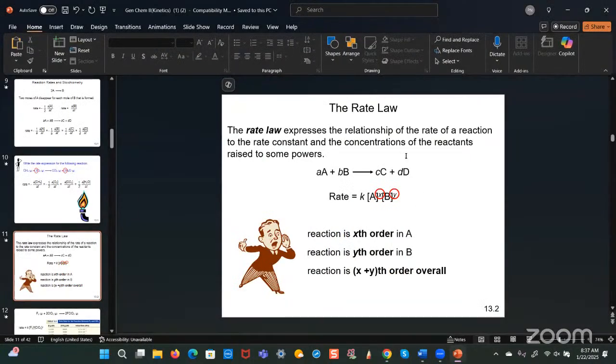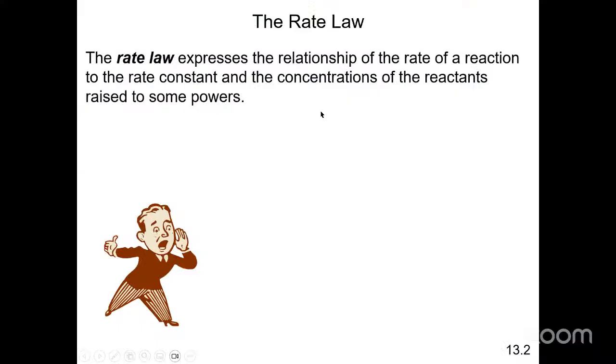And let's talk about now what is known as the rate law of a reaction, right? So the rate law of a reaction is basically an equation which describes the relationship between the rate of a reaction to the rate constant and the concentration of the reactants, which will be raised to certain powers or exponents.